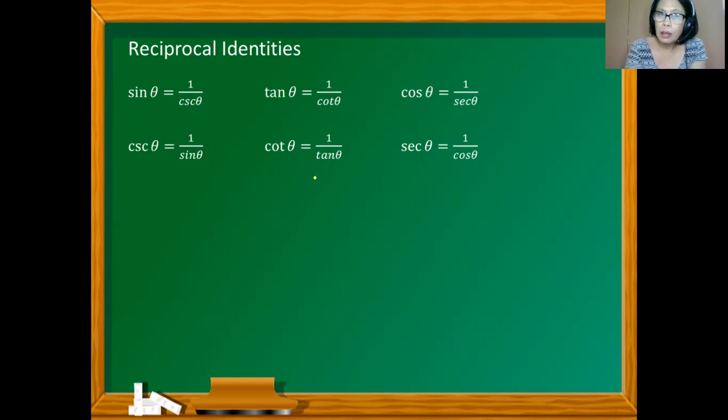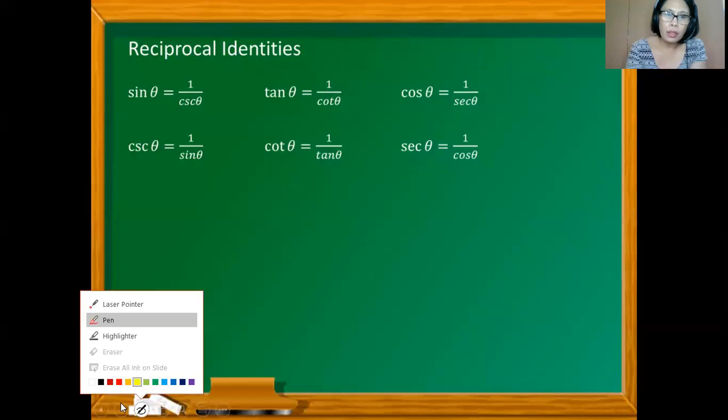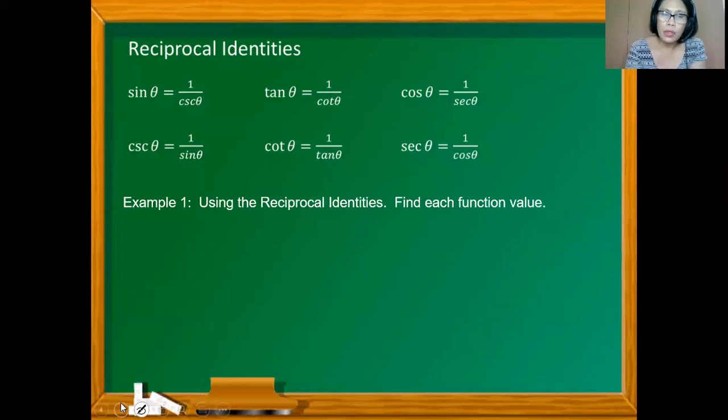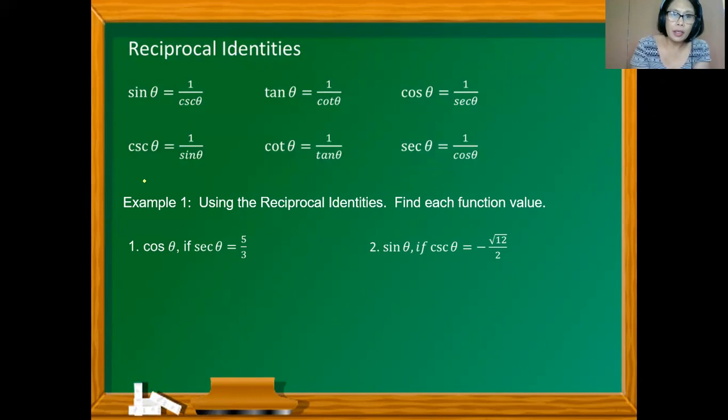Now, with the idea on the reciprocal identities, let's work on this example. Using the reciprocal identities, find each function value. First, cosine theta, if secant theta equals 5 thirds. We know that cosine theta is the reciprocal of secant theta.